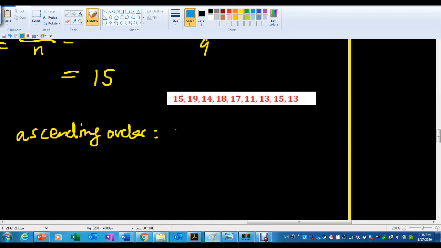The smallest should be 11, so we cross out 11, then 13, another 13, 14, 15, another 15, 17, 18, and 19. So there are 9 of them.